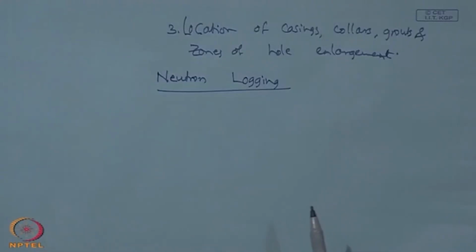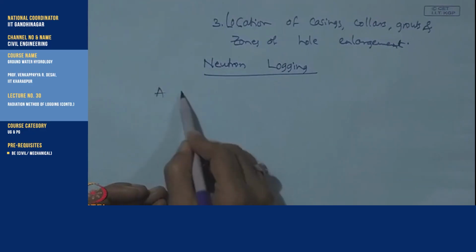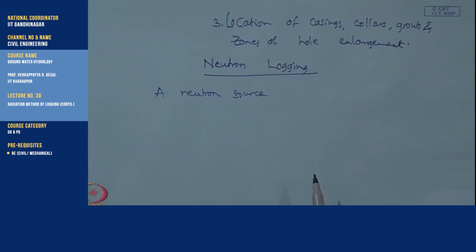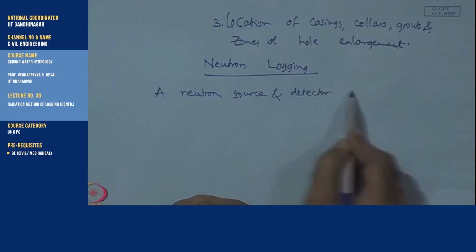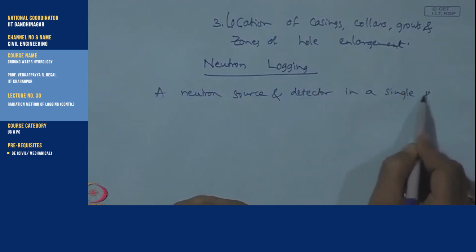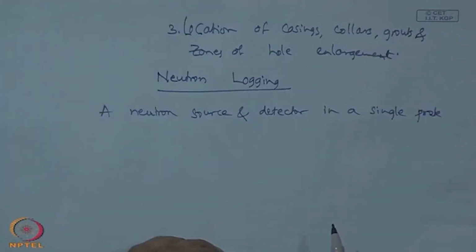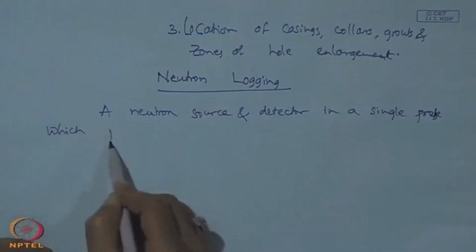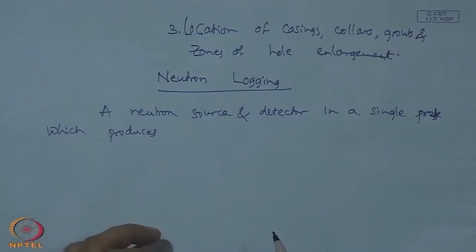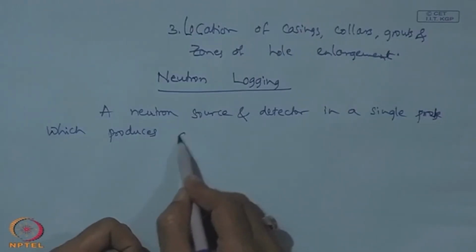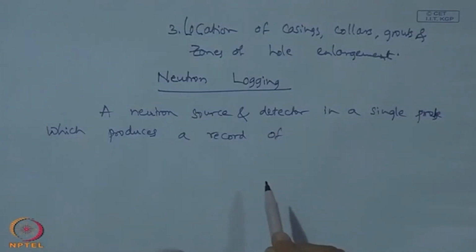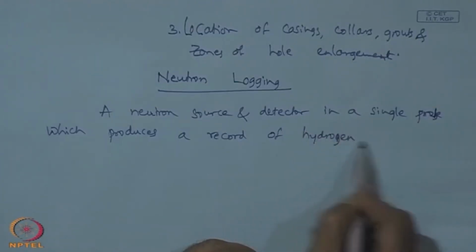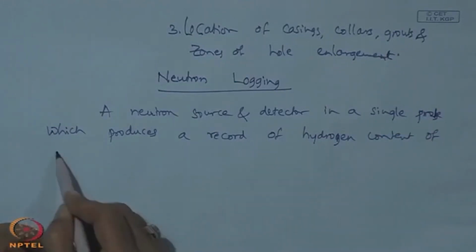In this case, there is a neutron source and detector in a single probe, which produces a record of hydrogen content of a borehole.